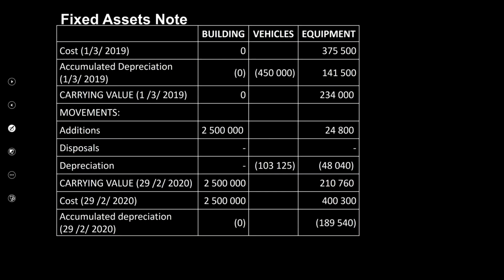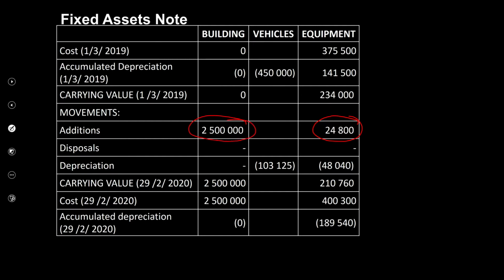Immediately you know you can go in and slot in that figure of 24,800. Here we go. Oh, sorry, that's the equipment that we have purchased. The land and buildings, we've indicated that figure there already.